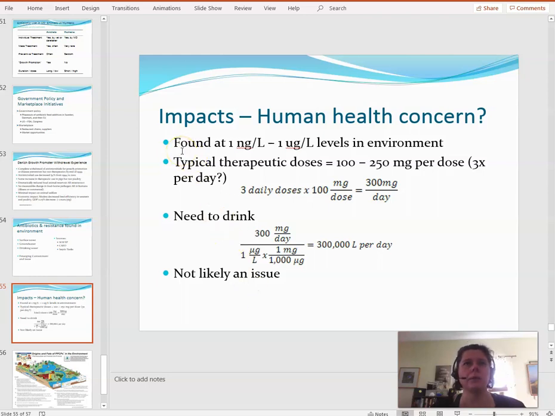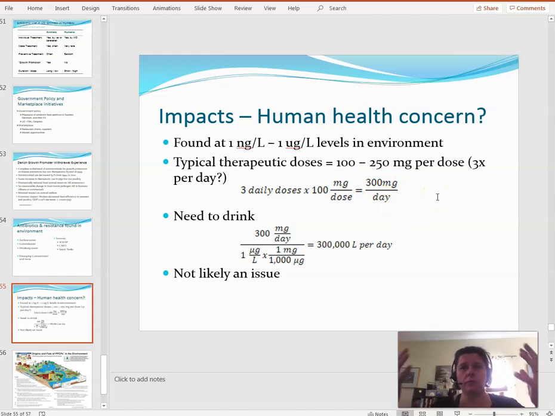Typically in the environment, we find about 1 nanogram per liter to about 1 microgram per liter. Typical doses for a therapeutic effect are about 100 to 250 milligrams, and you have to take that two or three times per day. So at 100 milligrams, you're getting 300 milligrams per day.